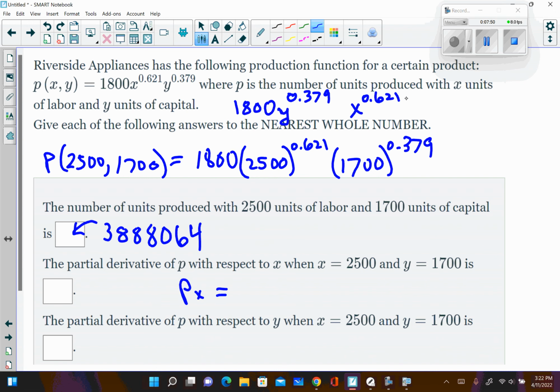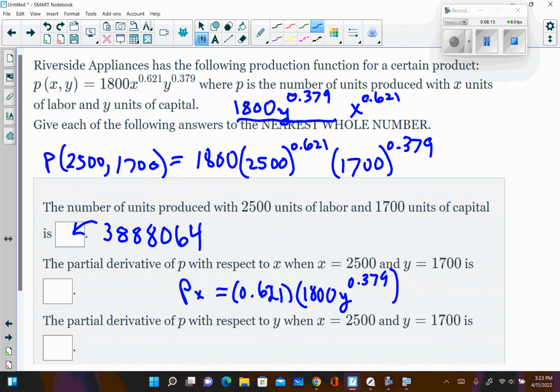To find the partial derivative with respect to x, we take this exponent, 0.621, times this constant. Yes, I'm pretending y is a constant. So the constant is 1800 y to the 0.379.